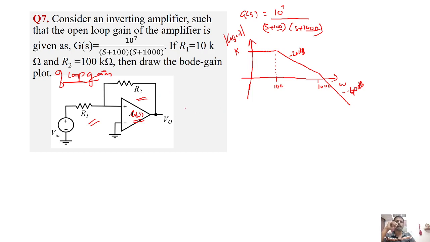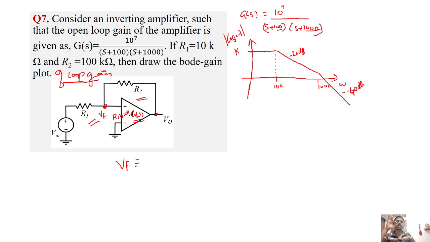So what is the feedback here? Here V0 is the output, and this is the input. They have not mentioned that this is non-ideal, so we'll consider it to be ideal. And since nothing is given related to the input resistance, we'll consider Rin as infinity. So what is the feedback here? Feedback due to output V0 will be, say, VF.